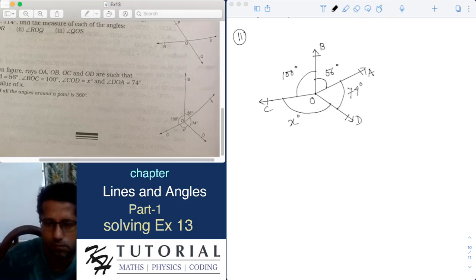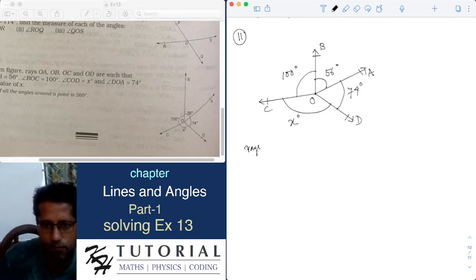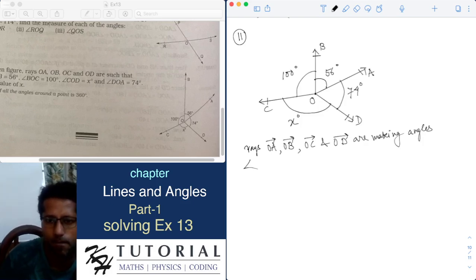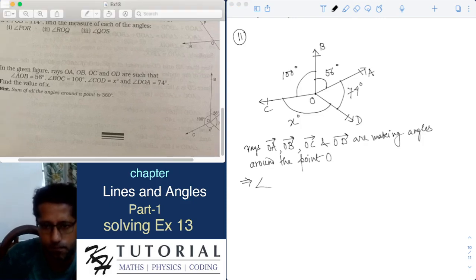Now obviously rays OA, OB, OC, and OD are making angles around the point O. So this implies we must have angle AOB plus angle BOC.